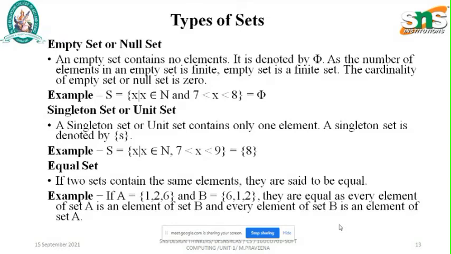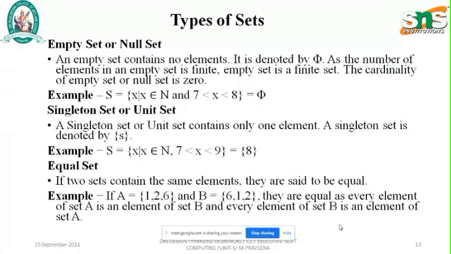The number of elements in an empty set is finite.